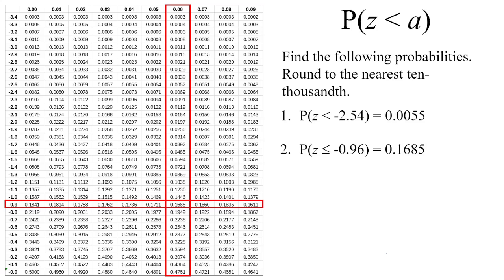You look at the row that says negative 0.9 and the column that says 0.06. Negative 0.9 plus 0.06 is negative 0.96. Where the row and the column intersect is your probability. As you can see, the probability is 0.1685.